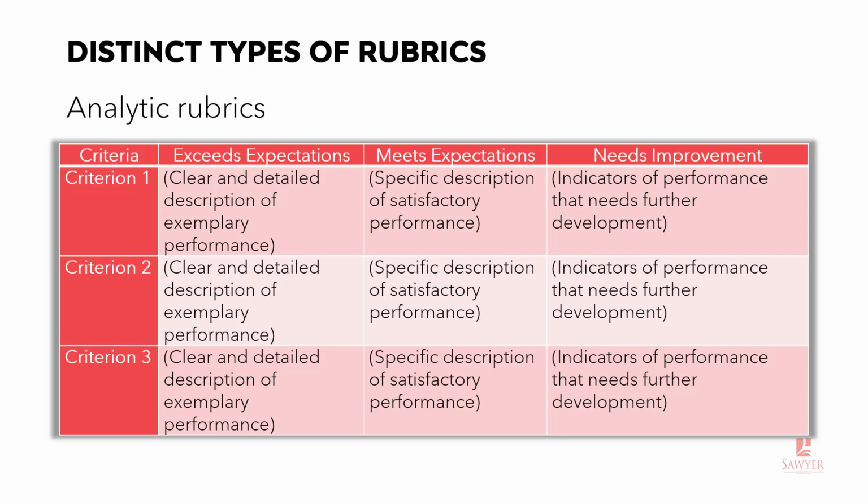So for this instance, with an analytic rubric, you would have something like exceeds expectations: a clear and detailed description of exemplary performance; then meets expectations: a specific description of satisfactory performance; and then needs improvement, something that needs further development. You just want to make sure that everything is consistent as far as how you fill in those boxes. Okay, so that's an analytic rubric.